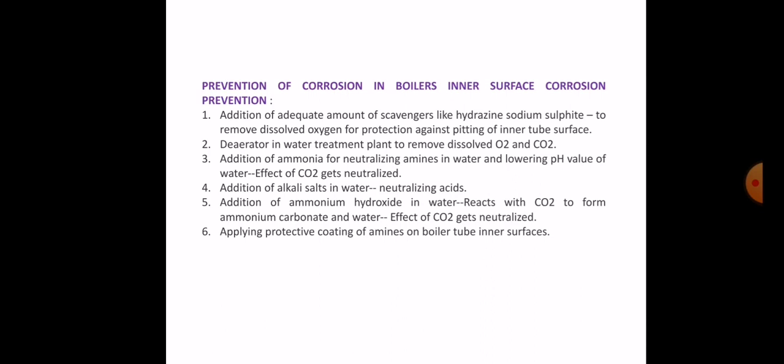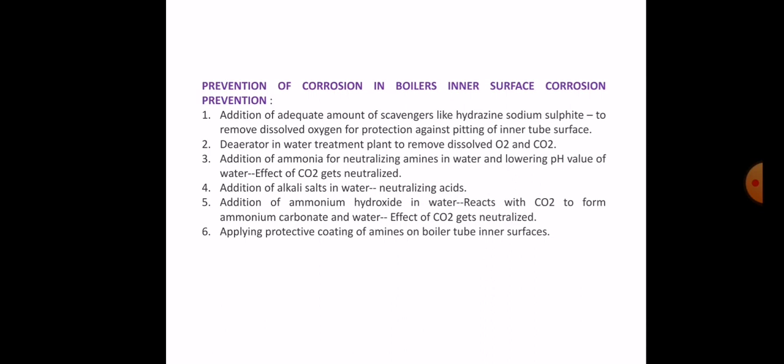Third one, addition of ammonia for neutralizing amines in water and lowering the pH value of water. The effect of CO2 gets neutralized. So over here you can see ammonia can be added to the inner surface of the tube to neutralize the carbon dioxide.